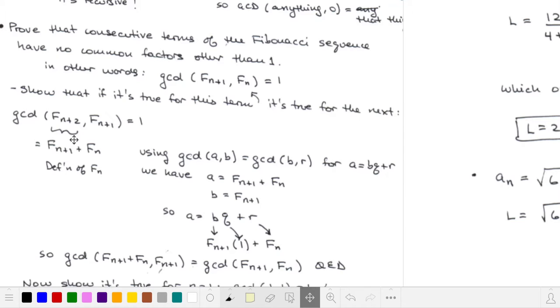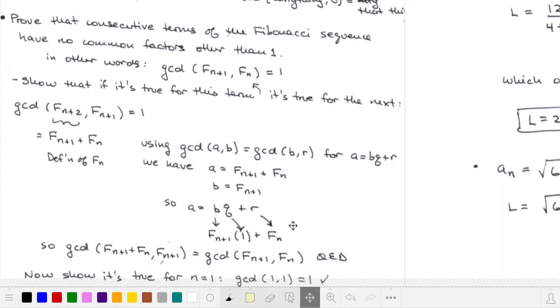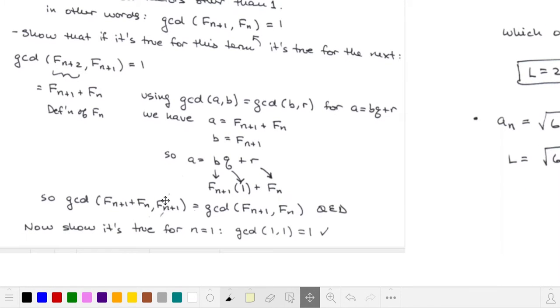So it's really easy to divide these two, because my a can be expressed like this, where the quotient is this 1, which shows that the remainder is f sub n. And then, using this lemma, since this is the b term, f sub n plus 1, and this is the r term, this is ab, and this is br.